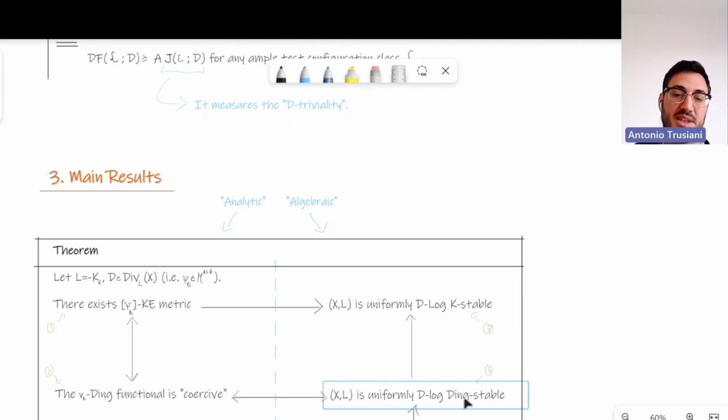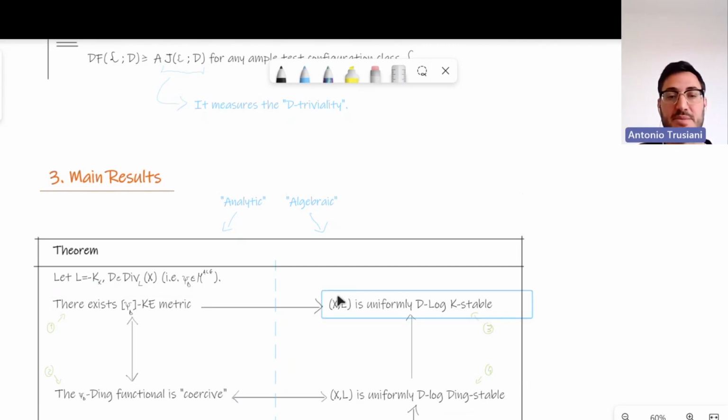The point is that also in the absolute setting, without prescribed singularities, there is a notion of Ding stability that is really important in the study of Kähler metrics. And it is attached to the fact that L is the anti-canonical line bundle. Because you can define K-stability for a general polarized variety in the same way as I did.